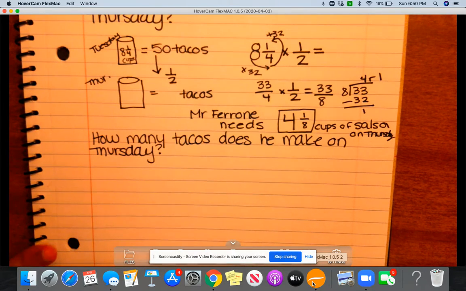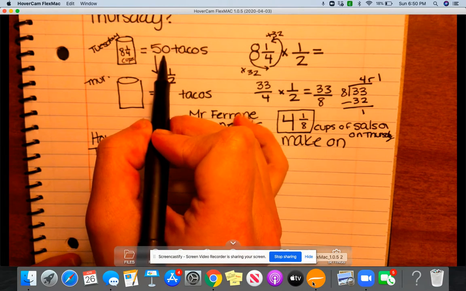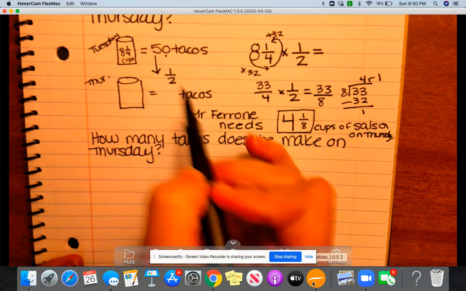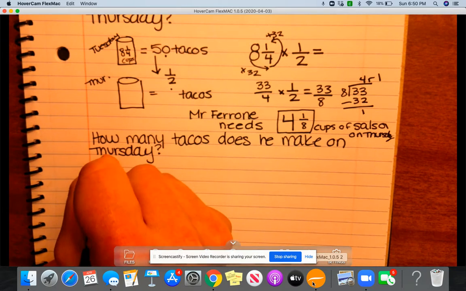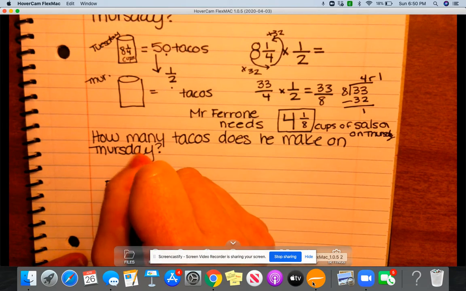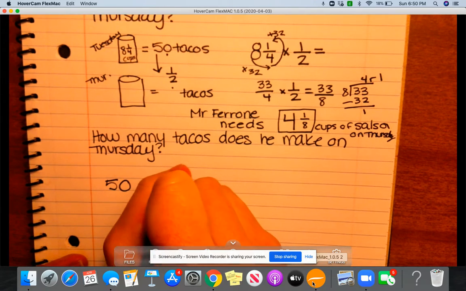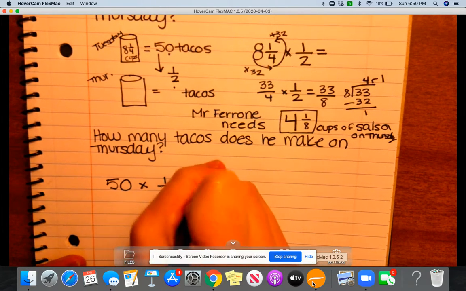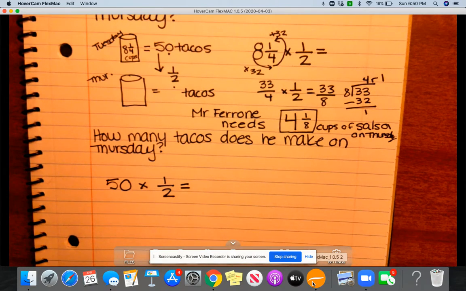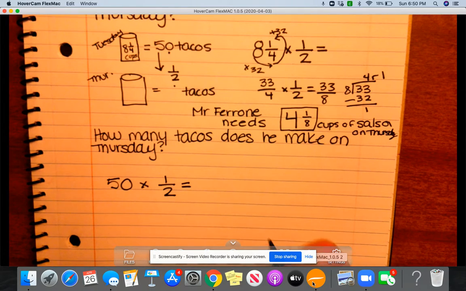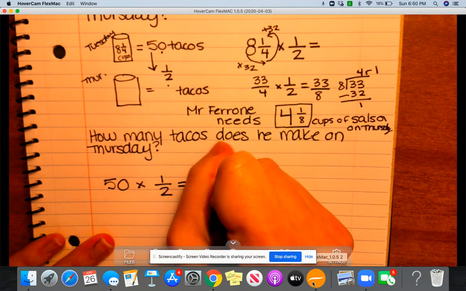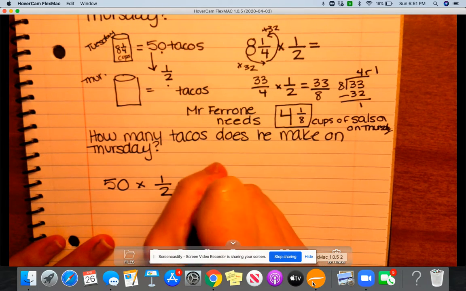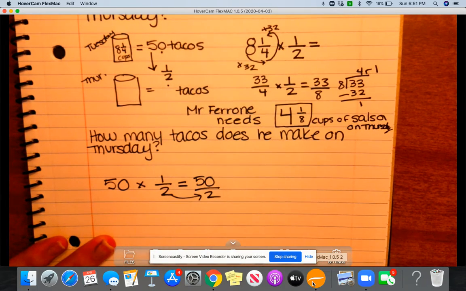So we can use the same picture here. If he makes 50 tacos on Tuesday, we know he makes half as many on Thursday. So we do 50 times 1/2. We know, because you've had lots of experience multiplying a whole number by a fraction, 50 times 1 is 50. And then we just bring over our denominator of 2.